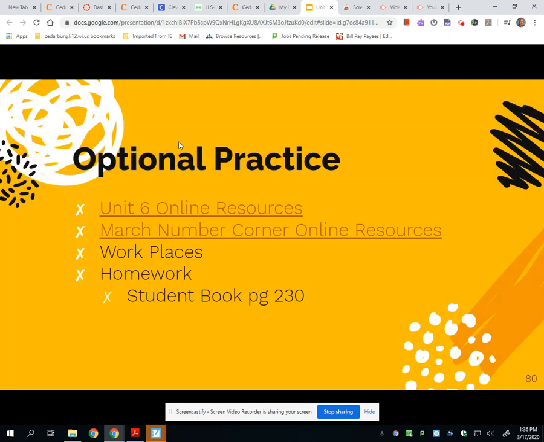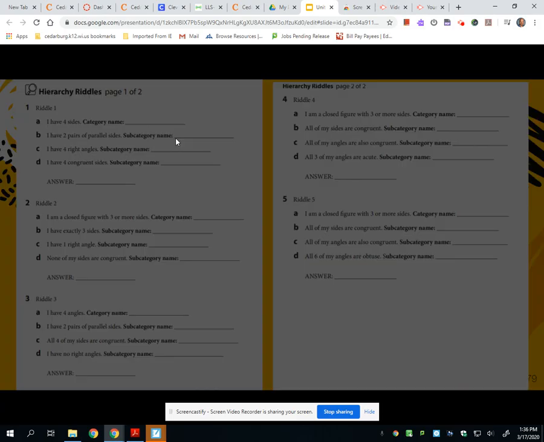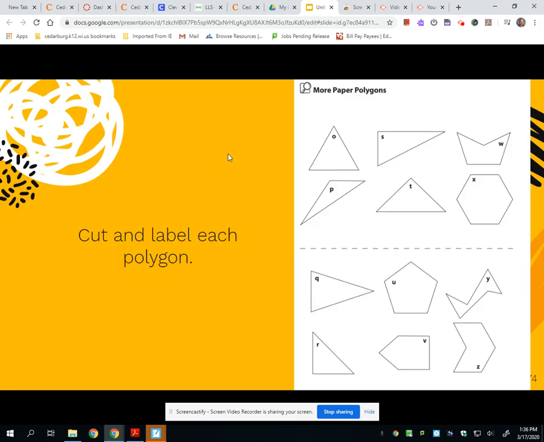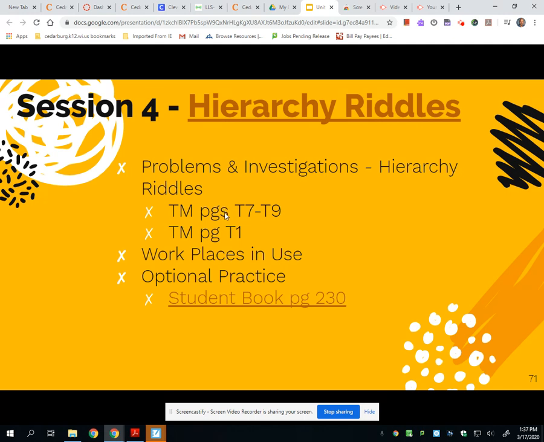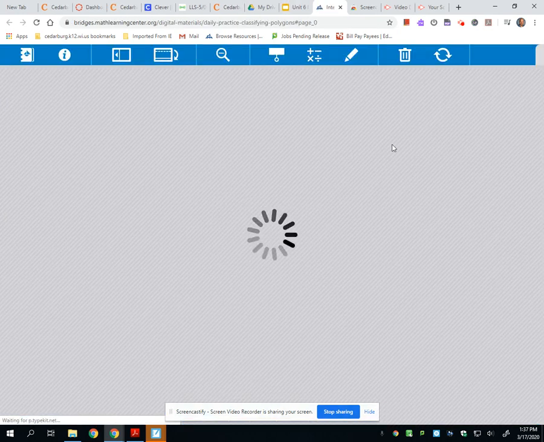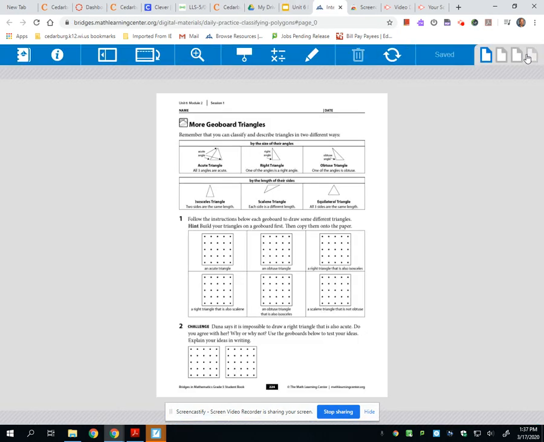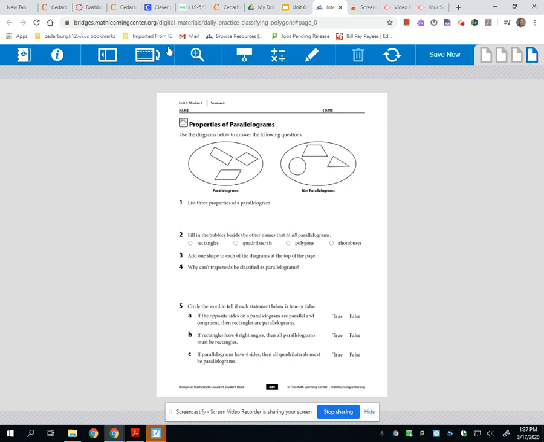You can find these hierarchy riddles in your student book.